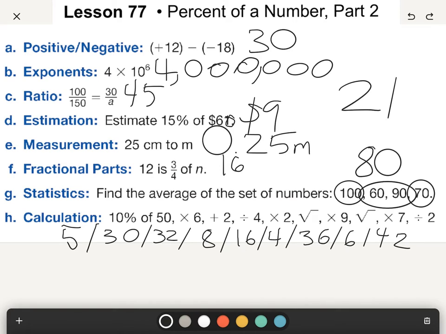Today we are talking about, in most cases, what percentage, but in some cases what number. It just depends on what angle we're going at. Percent of a number, part 2. The mental exercise we've been doing lately, where we take a sentence and convert it to an equation, works great for this.